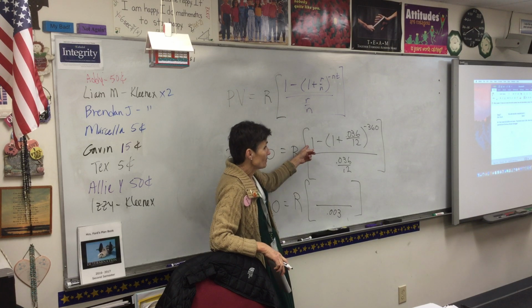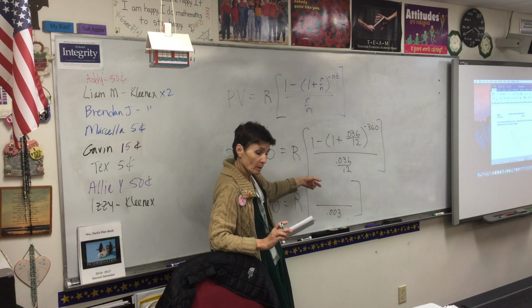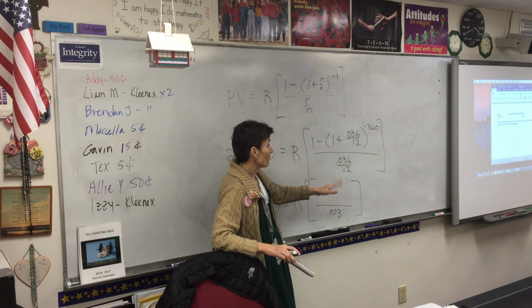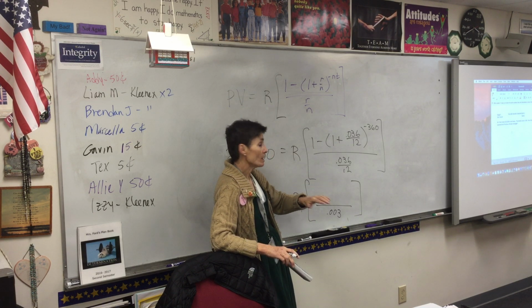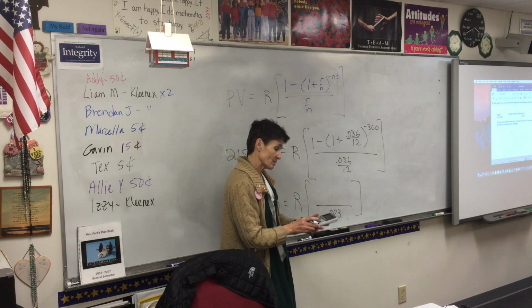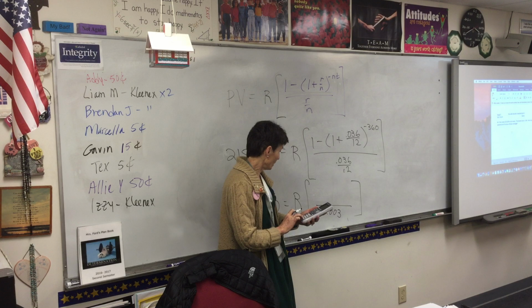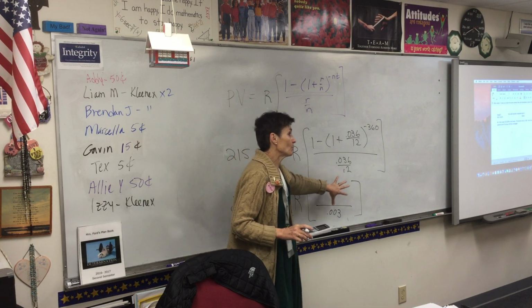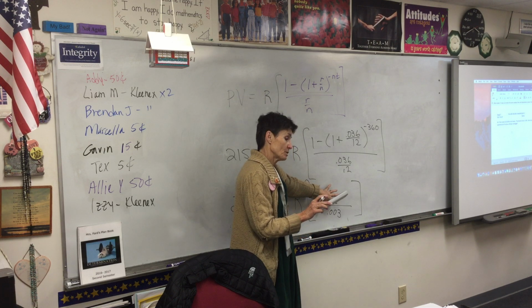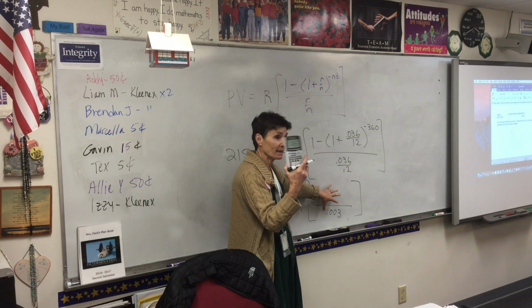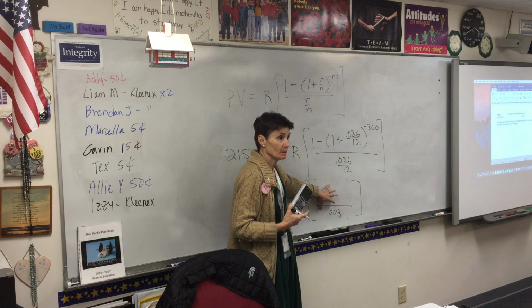Did you get 0.65? Okay, now you can write that down. You don't need to though, because what you need to do with this number is divide it by 0.003. And now I have the value of the bracket, which is 219.